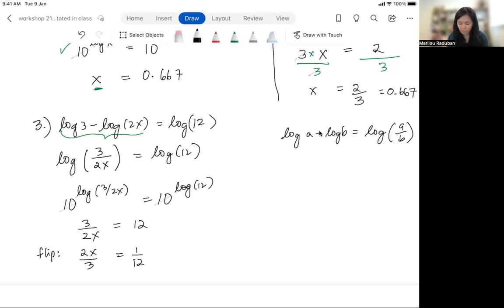And then you can get rid of 2/3, so you can do times 3 divided by 2, because then 2 divided by 2 is equal to 1, and 3 divided by 3 is equal to 1. And so you have x is equal to 3 over 24, which is equal to 0.125.